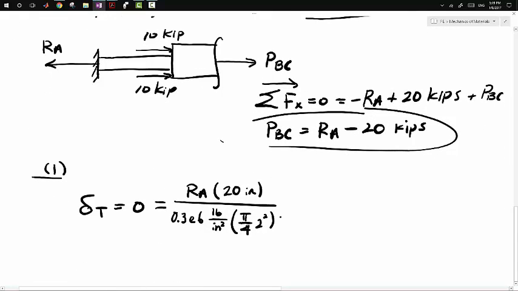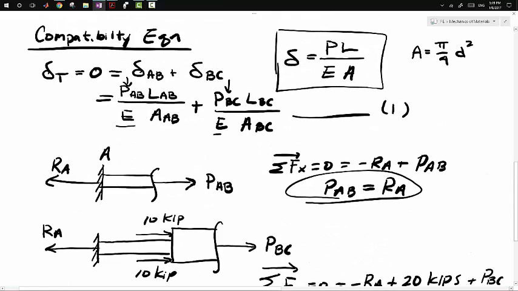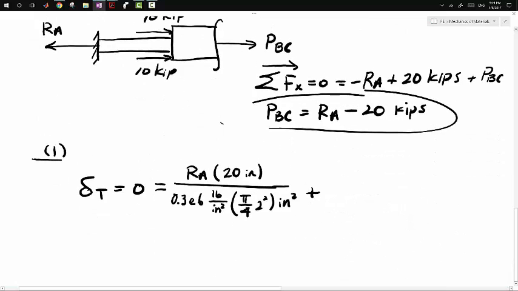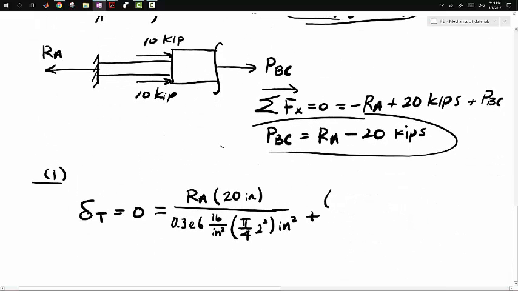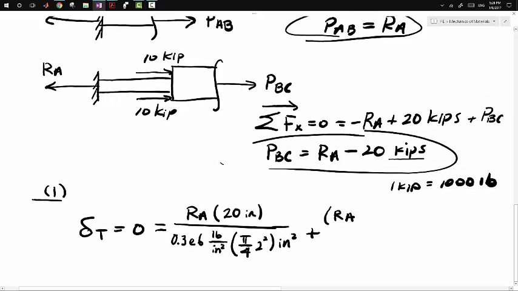2 squared, so this is inches squared units, plus the deflection of BC is going to be PBC, which is RA minus 20 kips. Because our Young's modulus is given in pounds, I'm going to change the kip units to pound units. So one kip is equal to 1,000 pounds. So basically I'm just going to multiply this by 1,000, so it'll be RA minus 20,000.